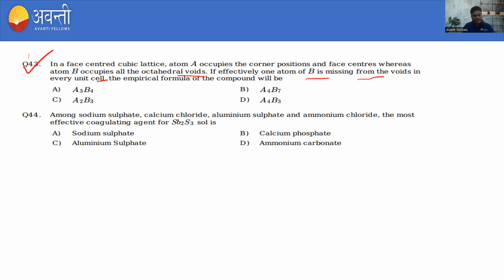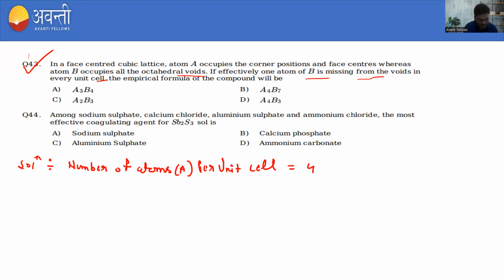Now, the number of atoms A per unit cell is equal to 4. Why 4? Since they form an FCC lattice, as already given, they are equal to 4.